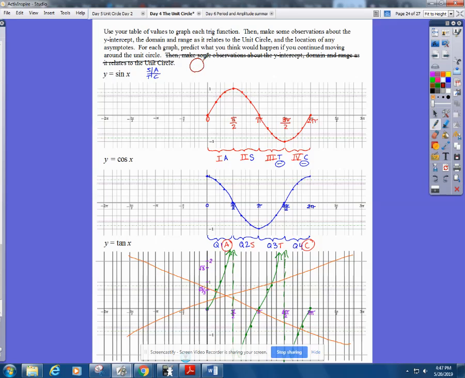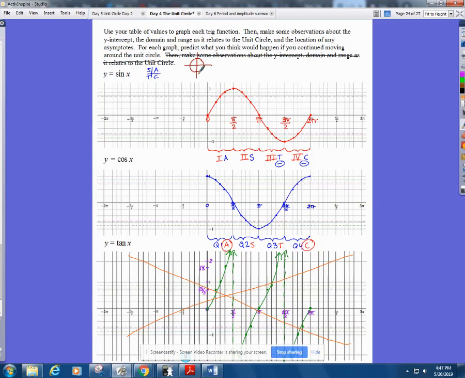Again, for sine, if we're talking about the unit circle, what we're really looking at is a circle whose center is at the origin and has a radius of 1. That would be the equation of the circle. That's the unit circle, x squared plus y squared equals 1. It has the center at 0, 0, and a radius of 1.